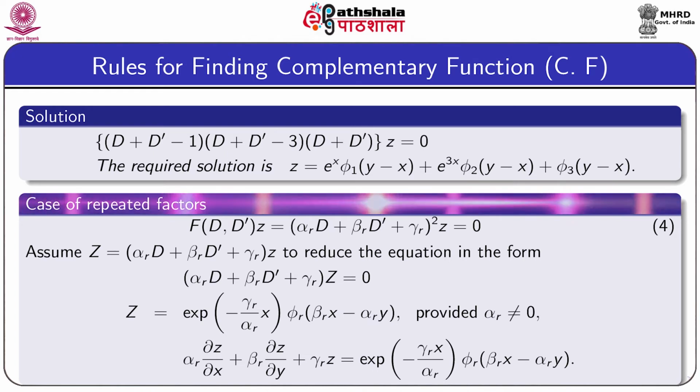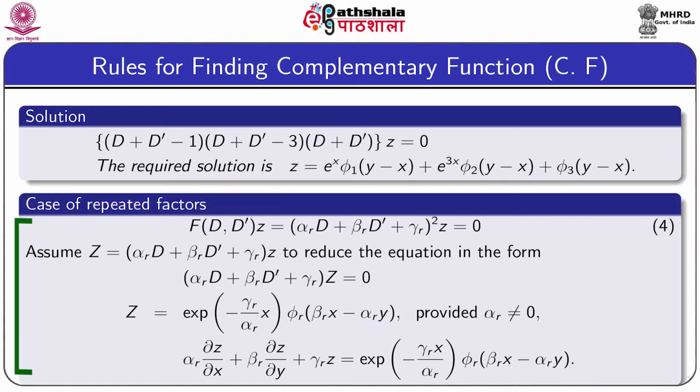Now, suppose that there is a linear factor of f, but that factor is repeated. So, let us take one example where the linear factor comes twice, and it is written in equation number 4.